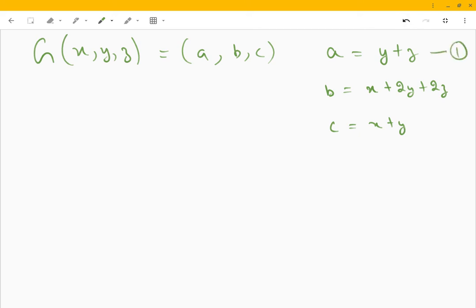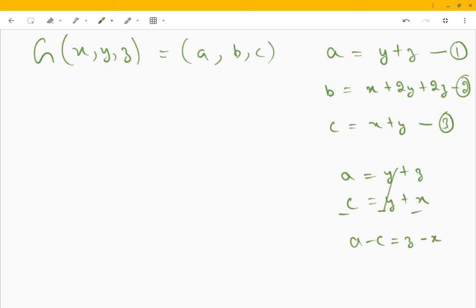I'll name this as 1, this as 2, this as 3.